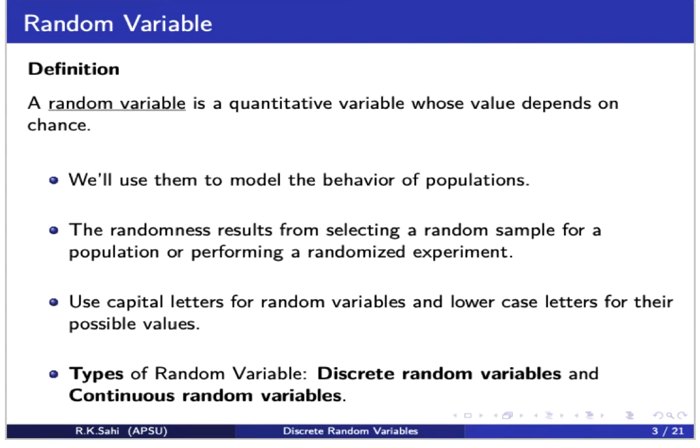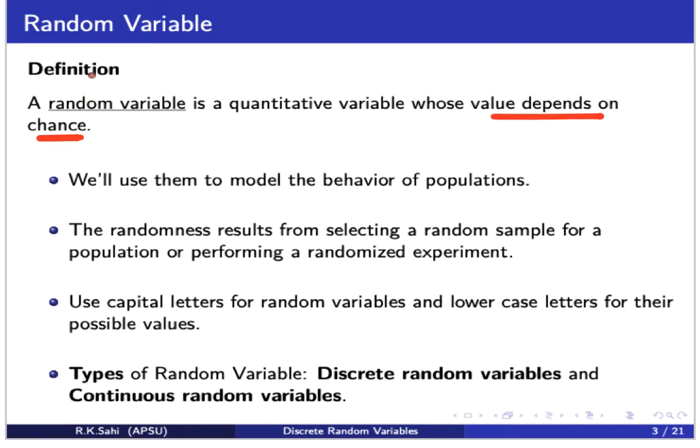So let's start with what is a random variable. A random variable is a quantitative variable whose value depends upon chance. Remember, it's a variable. Variable means a characteristic of a population or a sample we're looking at, and its value will depend upon chance.